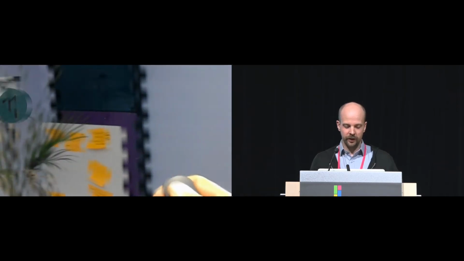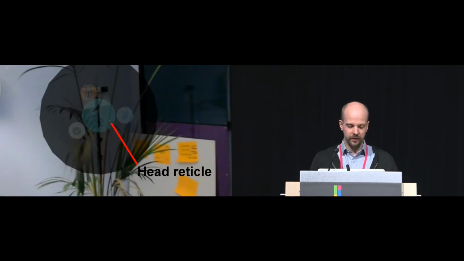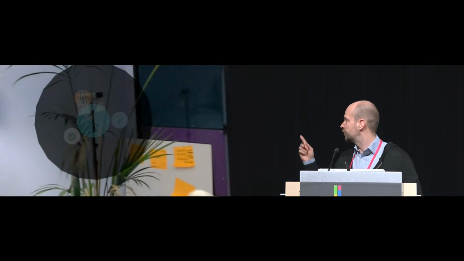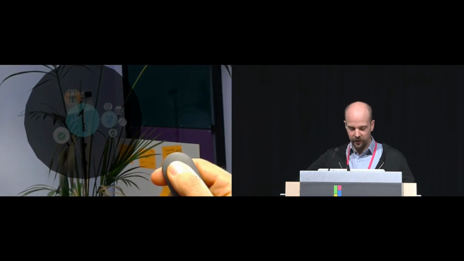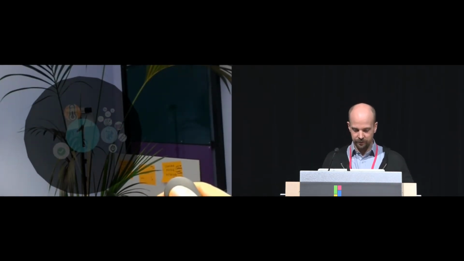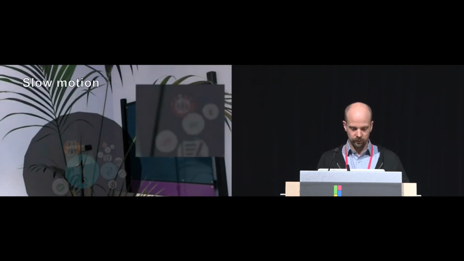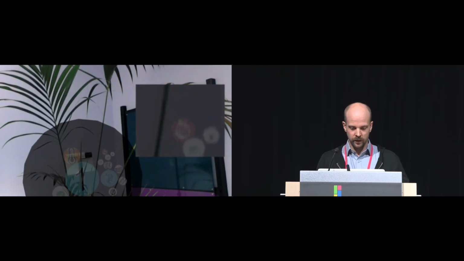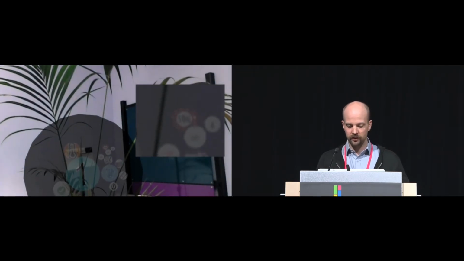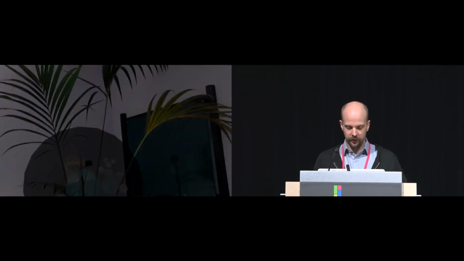And we can use very small items in the menus. The head reticle is visualized as a green dot in the video. And there's a slow motion of the user selecting very small targets on the screen.